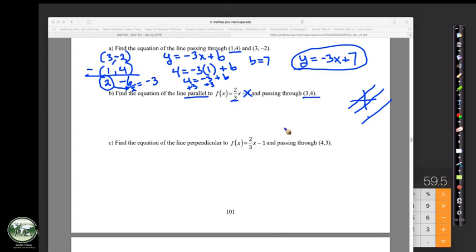That's the way to think of these parallel line questions. So what we have is y equals 2/3 x plus b, and we want to plug in the point 3, 4. We don't want to use the other y-intercept because it has nothing to do with the problem. And if you learn to ignore that part, things will just fall into place.